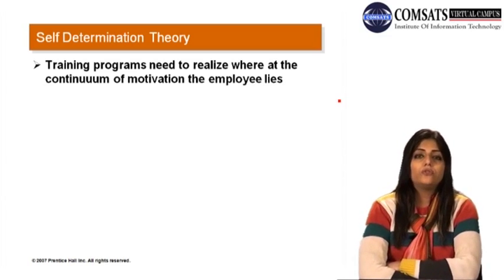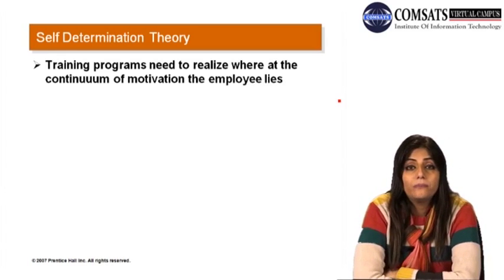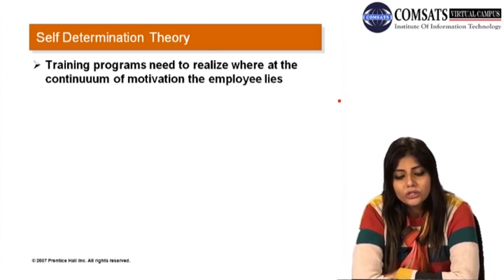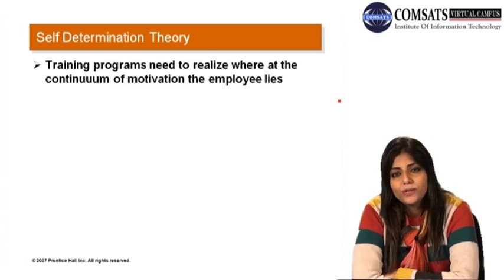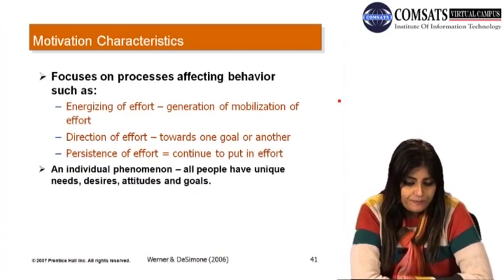So if the individual is lying on the intrinsic motivation continuum, he needs to be treated differently for achieving better outcomes, and if he's on the external motivation continuum or on the controlled regulation or controlled motivation, then he has to be treated differently for the optimum outcomes.